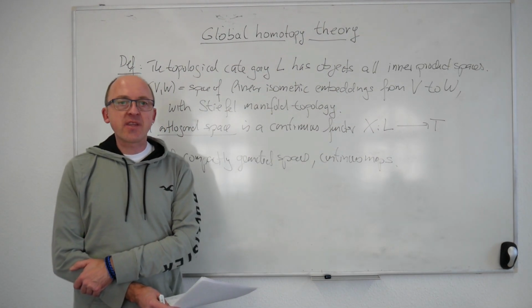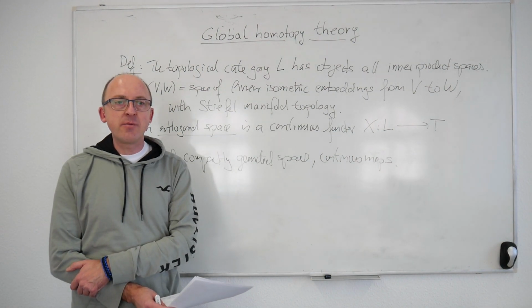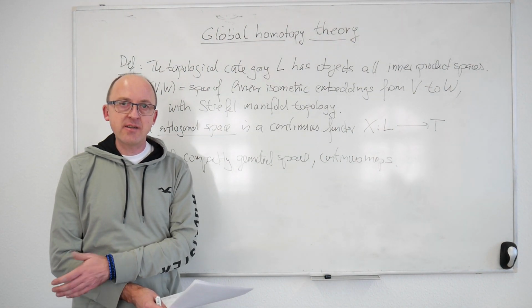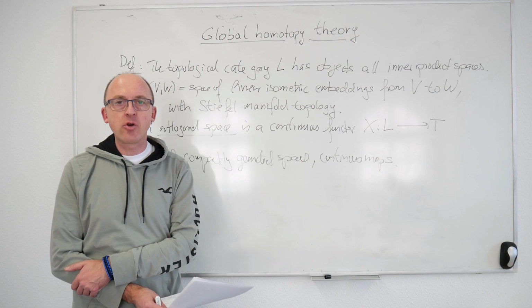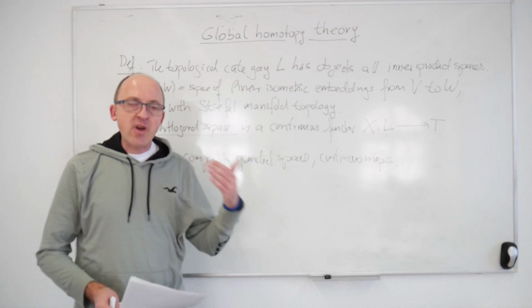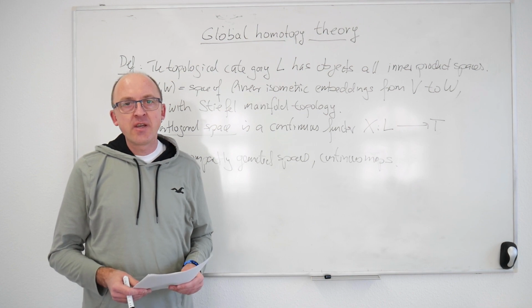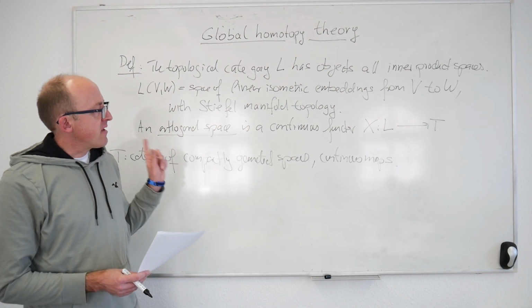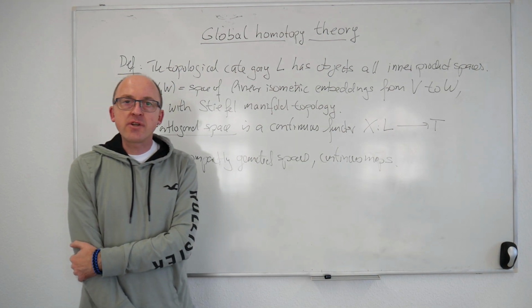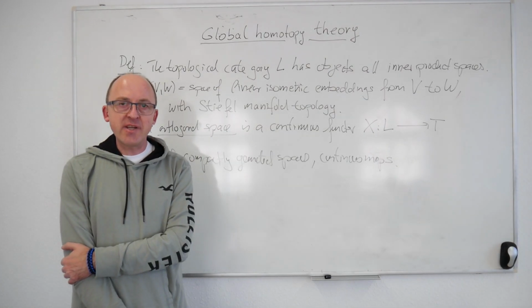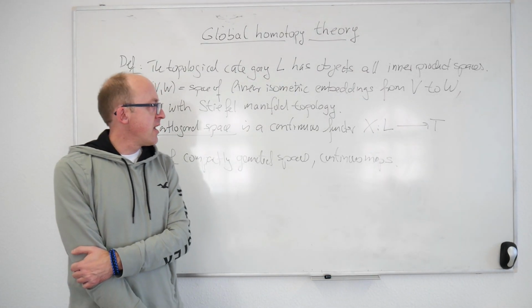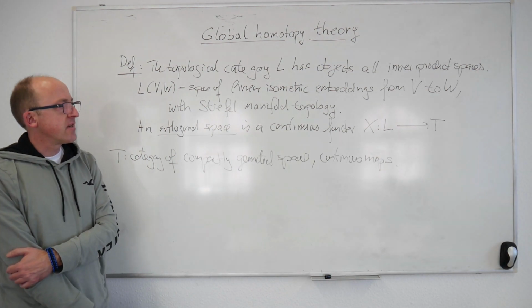These orthogonal spaces will play an important role later. They will be the models for unstable global homotopy types. But right now, they're just the first step in defining orthogonal spectra. I should also mention that these objects that I call orthogonal spaces have been considered quite a bit in the homotopy theory literature, but they often go by different names.